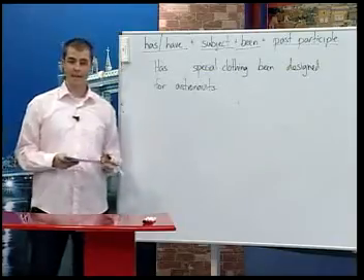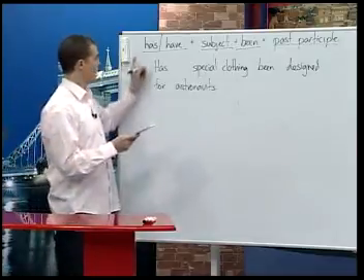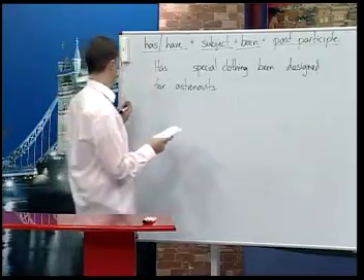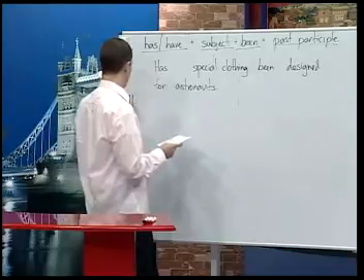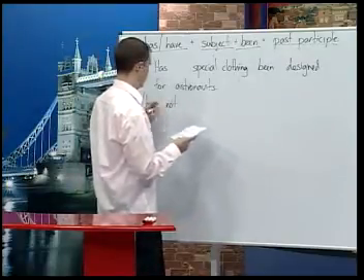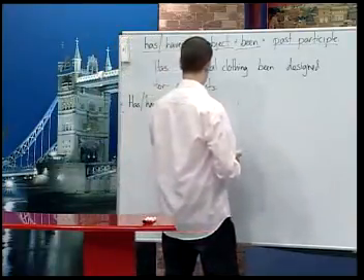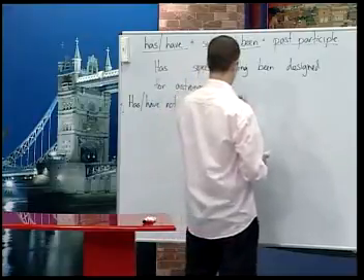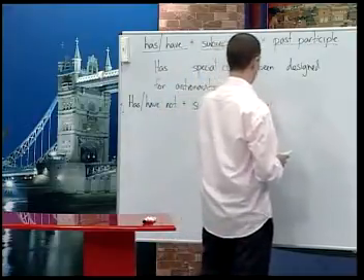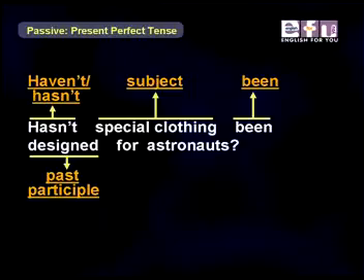And to form a negative yes-no question, we just use has or have not. So has or have not, plus subject, plus been, plus past participle.